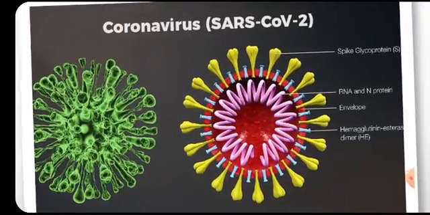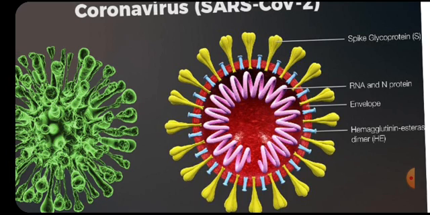Inside, the pink color is RNA, which is complexed with protein. The pink colored circular threads are nothing but nucleoproteins. So it is a helical shape capsid, followed by an envelope.